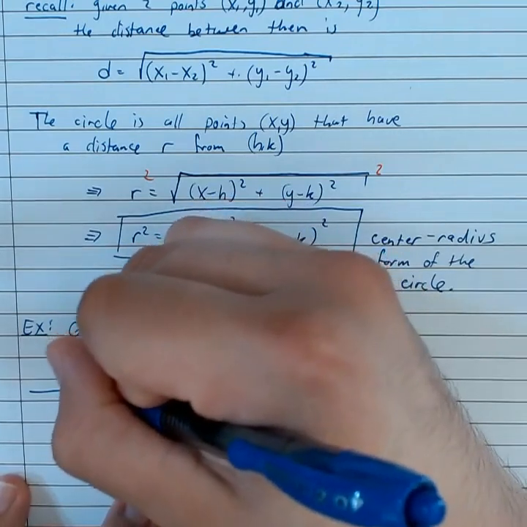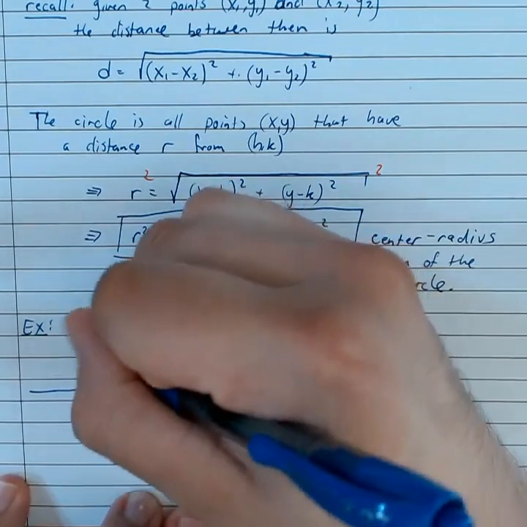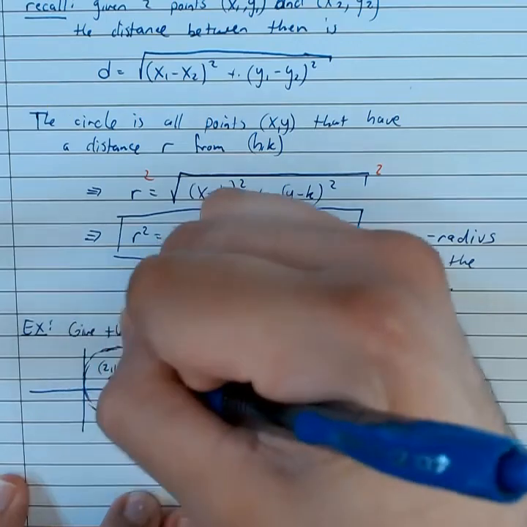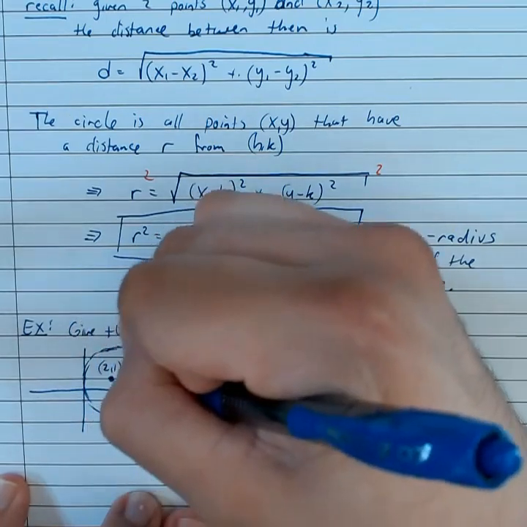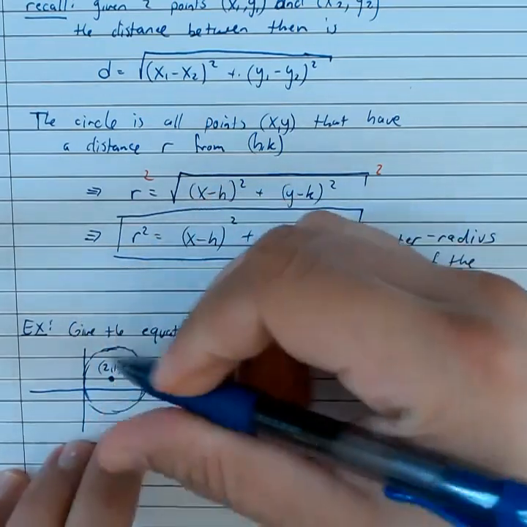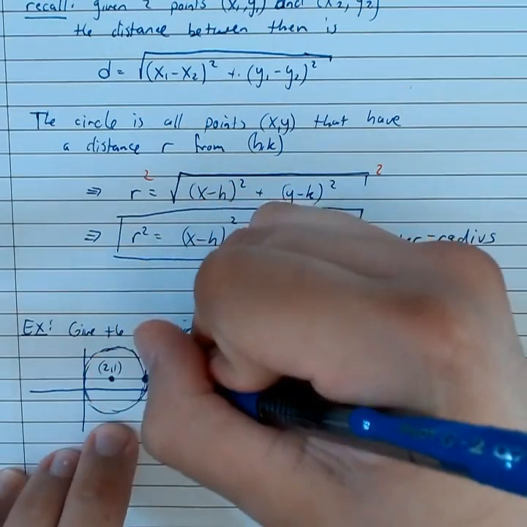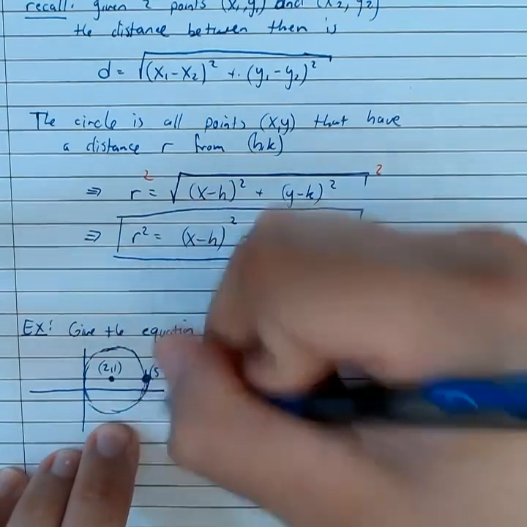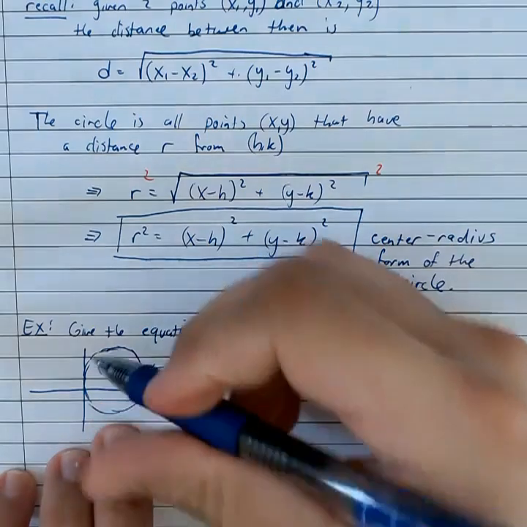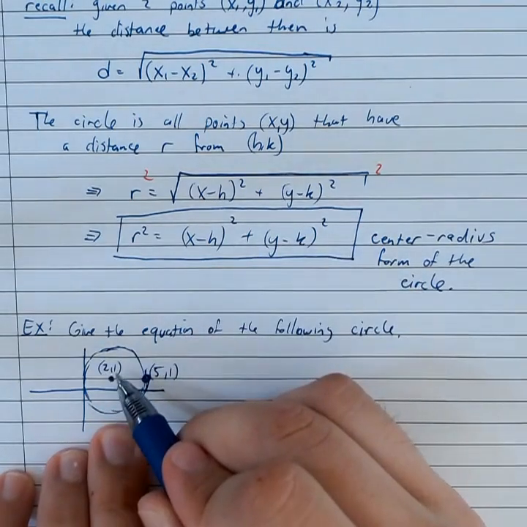And then here's another point, 5, 1. So here we know the center of the circle, 2, 1.